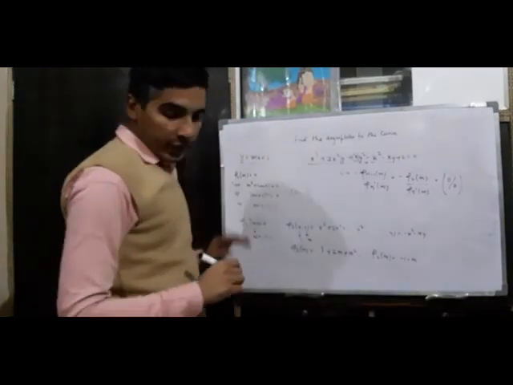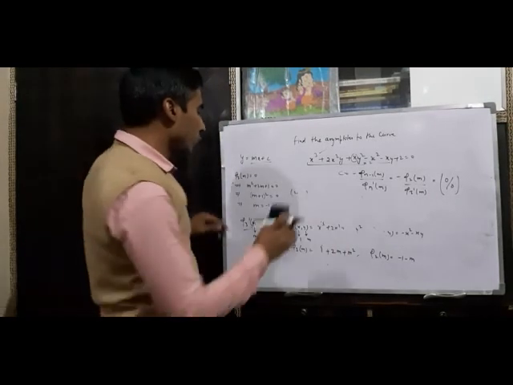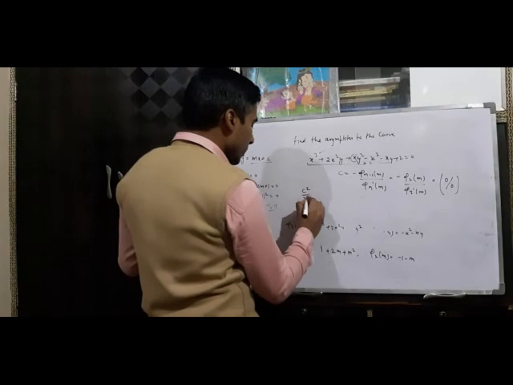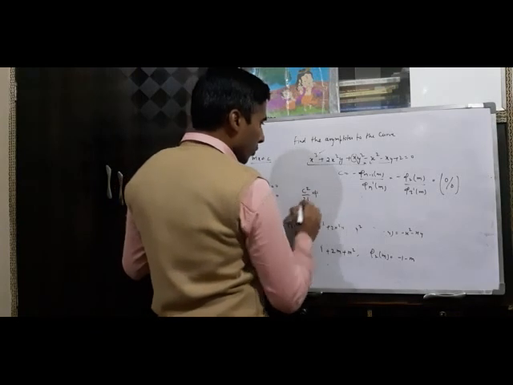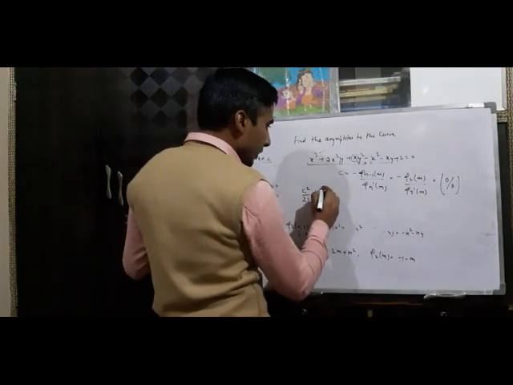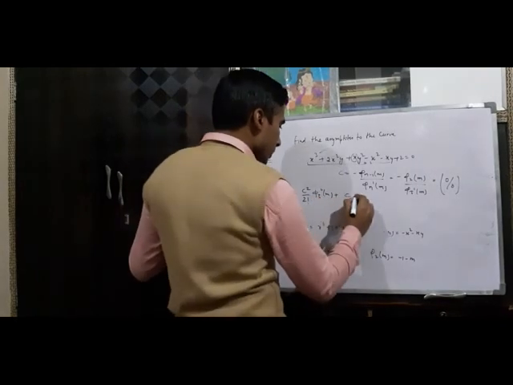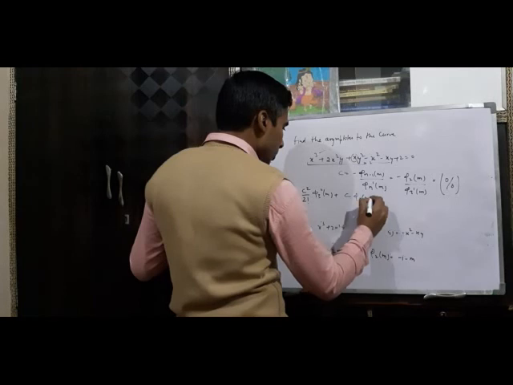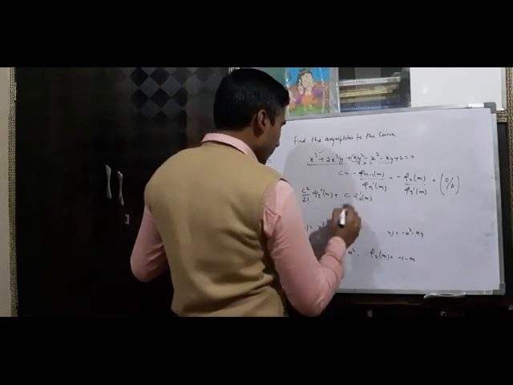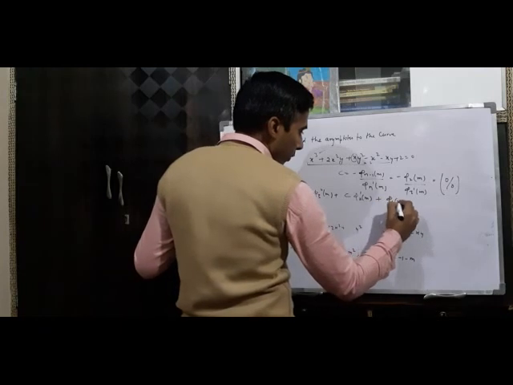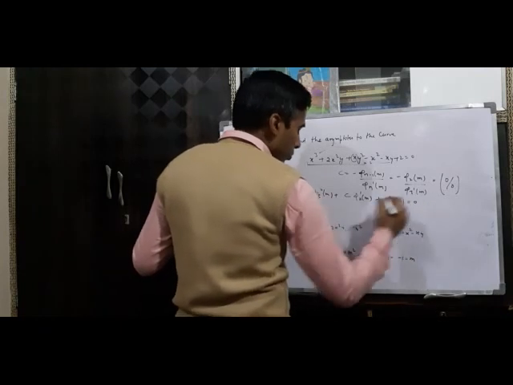So in this case we will determine the value of c with the expression c square by 2 factorial phi 3 double prime of m plus c phi 2 prime of m plus phi 1 of m is equal to 0.